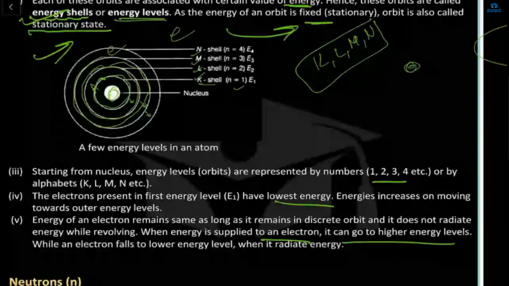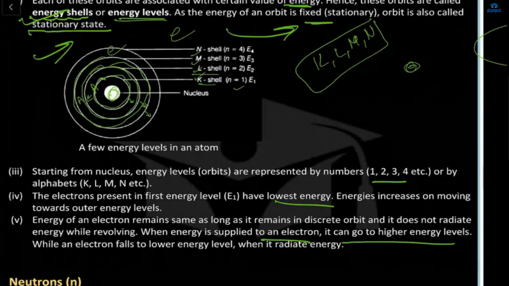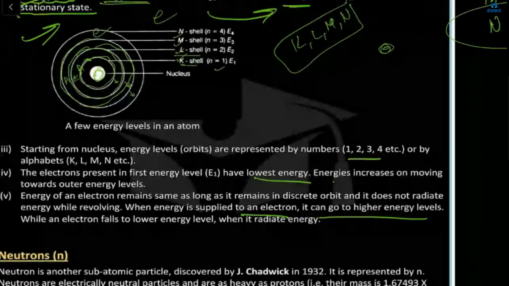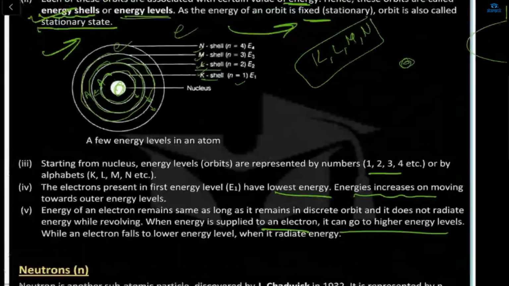Now, if Arham moves to the L shell, will it have more or less energy than the K shell? More energy. Why? Because your energy will increase on moving towards the outer shell.